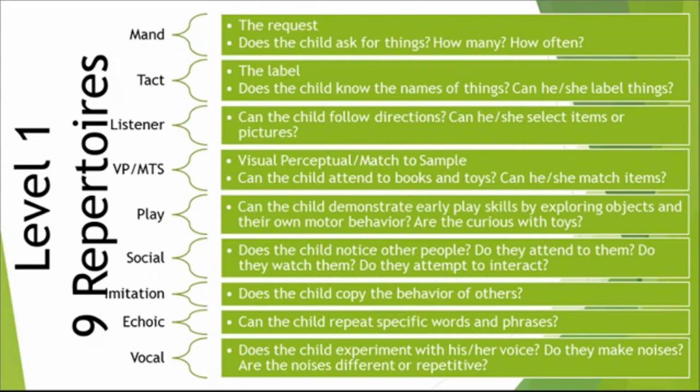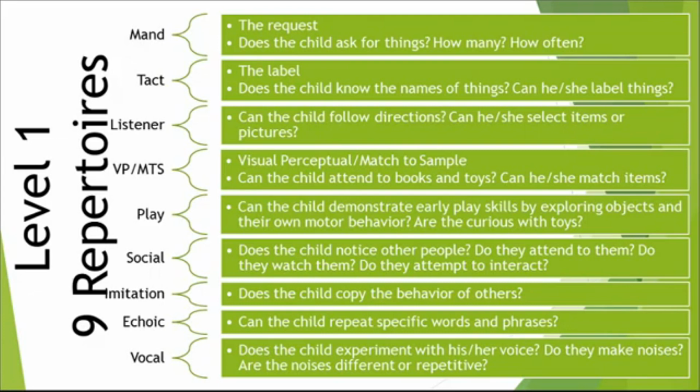The first is the demand, or mand, which is requesting. Does the child ask for things? How many things do they ask for? And how often do they ask for them? The second repertoire is the tact, which is labeling. Does the child know the names of things?